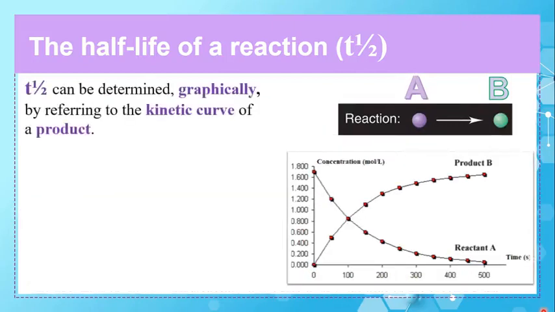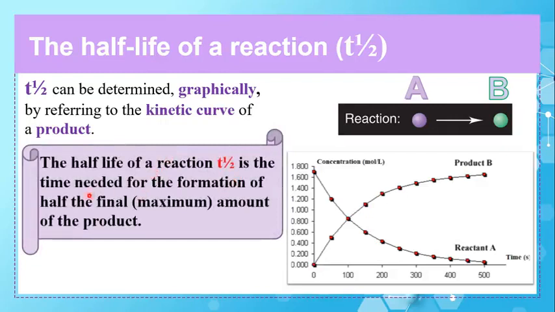Let's see. T half can be determined graphically by referring to the kinetic curve of the product. By definition, T half is the time needed for the formation of half the final or the maximum amount of the product. This is the kinetic curve of the product B. The maximum amount reached by B is 1.7 mol per liter. This is B at infinity.